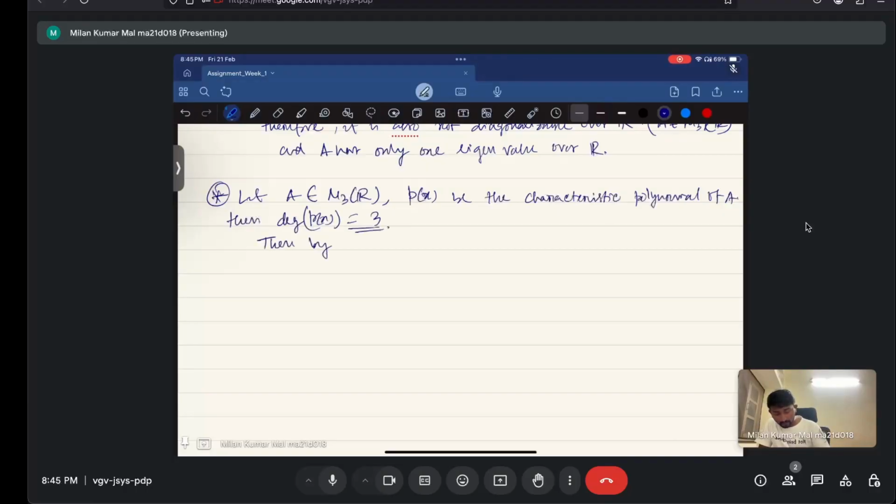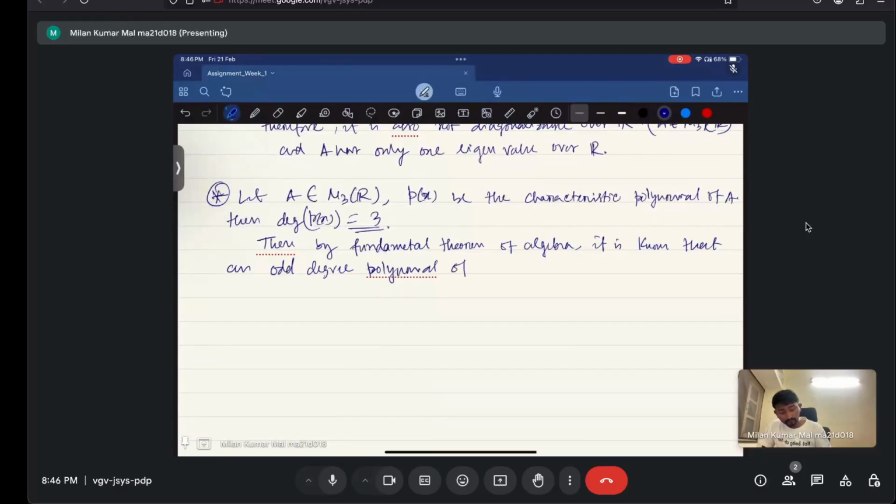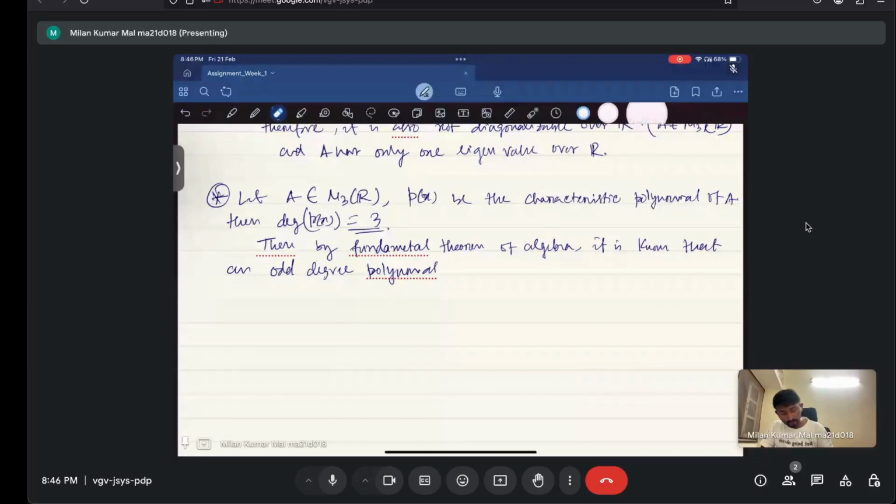By the fundamental theorem of algebra, it is known that an odd degree polynomial over R must have a real eigenvalue, a real root.